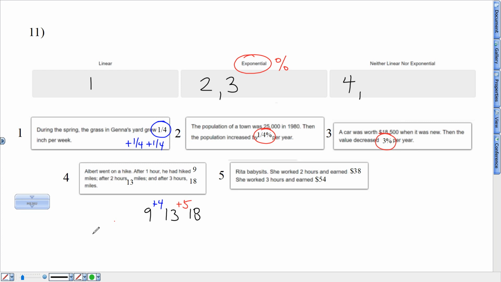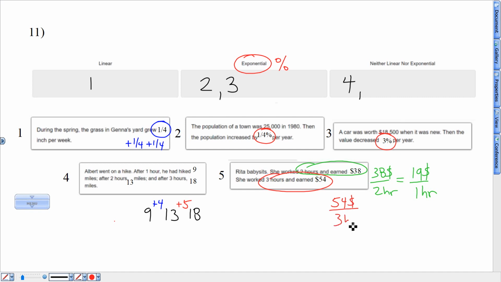Has me take $38 and divide it by 2 hours to get the rate or the slope or the number in front of x. 38 divided by 2 gives me $19 for every 1 hour. If I look at the other one and that divides and gives me that same 19 number, I know that one's linear.